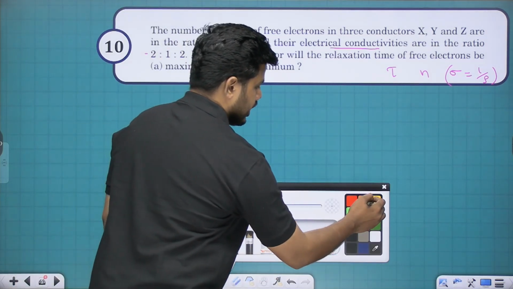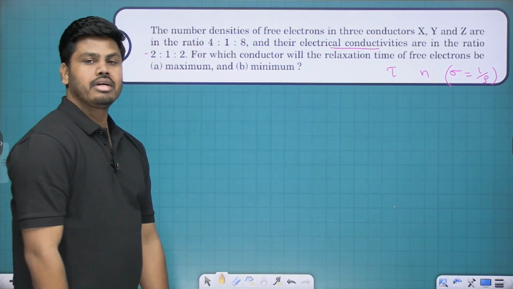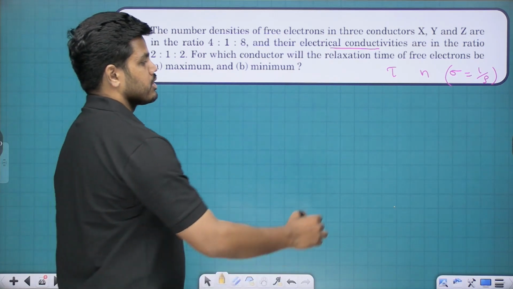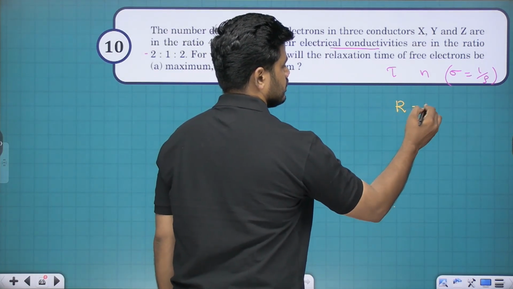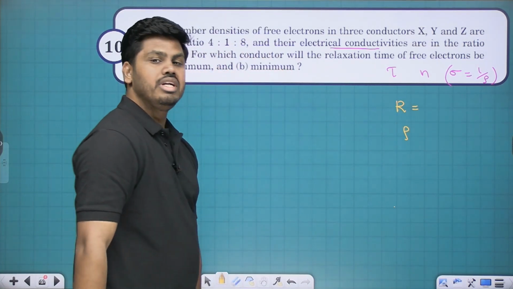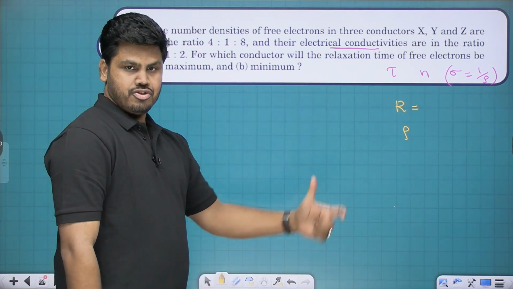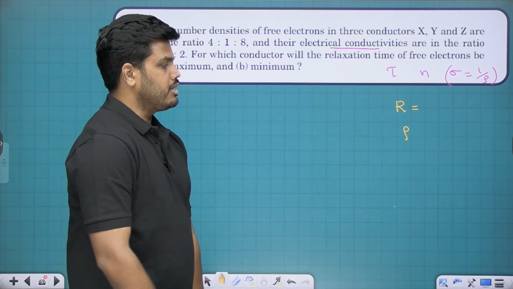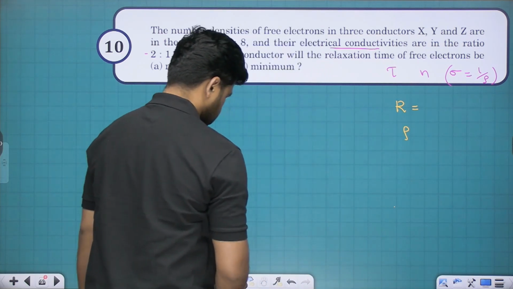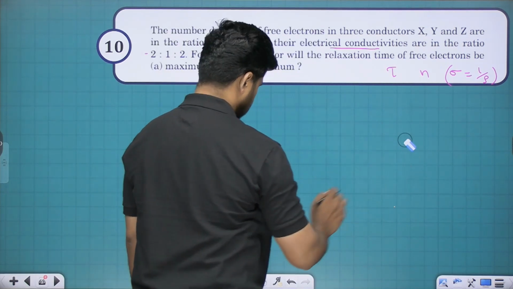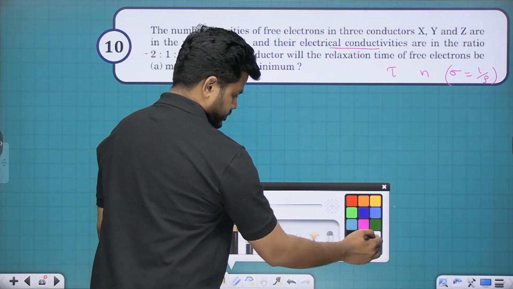We had an expression for resistance R and resistivity rho in terms of relaxation time. From that we can easily get the expression for resistivity.